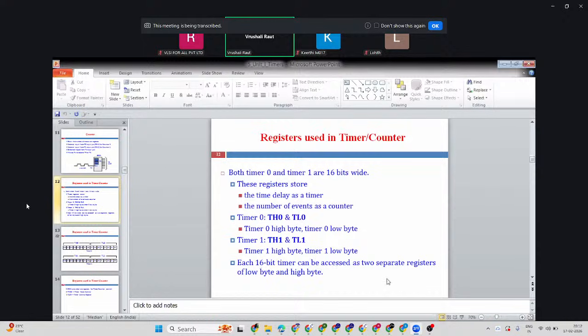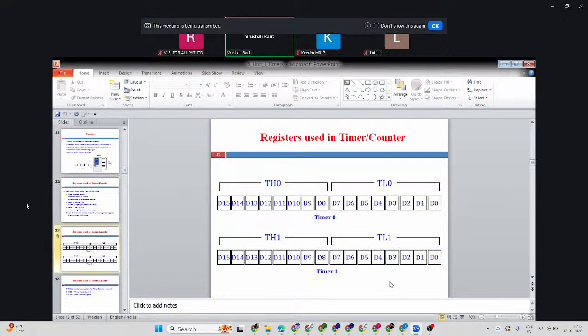Each 16-bit timer can be accessed separately. Look, this way the registers are there. Do you understand? D8 to D15 are the 8 high bits, or 1 byte in total. Similarly, the low 8 bits, or single low byte, of timer 0, and this is of timer 1. In terms of hex, how many bits make a hex digit? 4 bits.